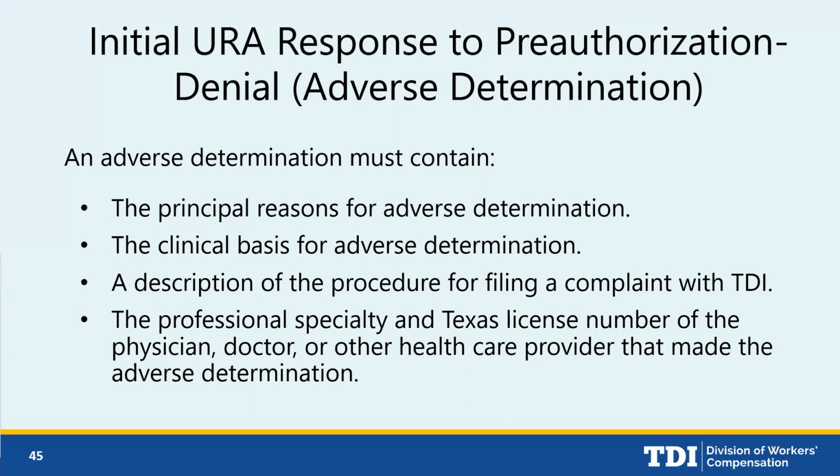Also, a description for filing a complaint. Say you think the URA took too long to respond to you. There should be information there on how to file a complaint with TDI. Also, the professional specialty and Texas license number of the physician, doctor, or other healthcare provider that made that adverse determination. Remember, it has to be the same or similar specialty. So look at that closely.